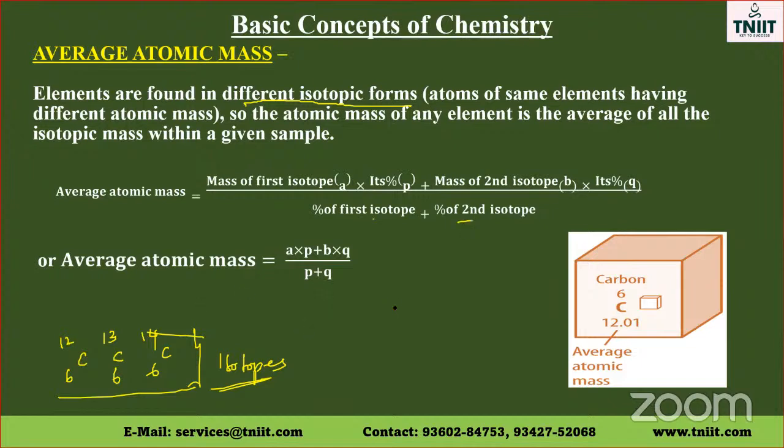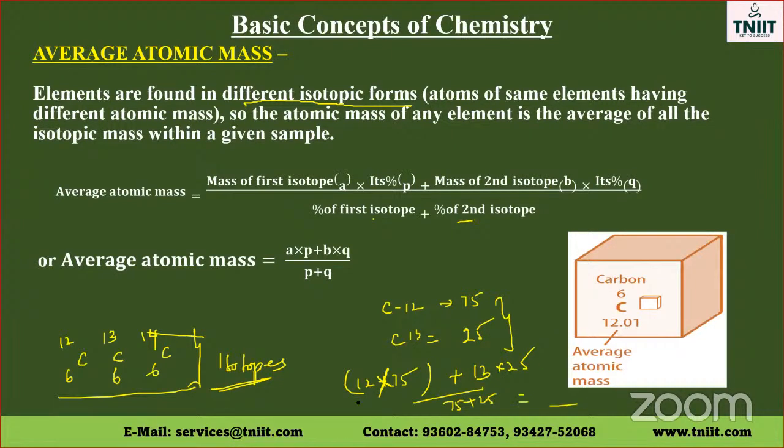Now, for example, if carbon-12 exists in nature 75%, and carbon-13 exists 25%, it will be mass of first isotope, which is carbon-12, 12 into 75, plus 13 for carbon-13, into 25, divided by 75 plus 25.